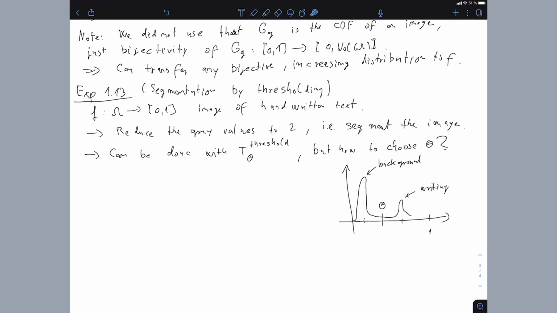But we can compute that. So the CDF then would have a large slope there where these things are happening. So you could look for this, but this would be a different way of finding the threshold, and you would need to try to find something with that idea.